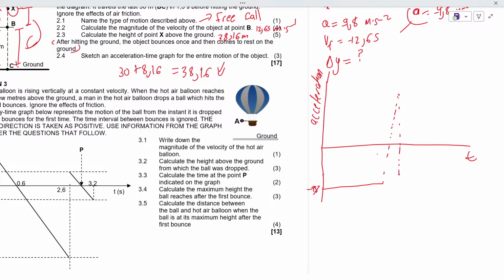Other textbooks make it go up until 0 and then it comes back. But just know that in that millisecond of a bounce, the graph shifts towards 0, and then it comes back and continues at the same.